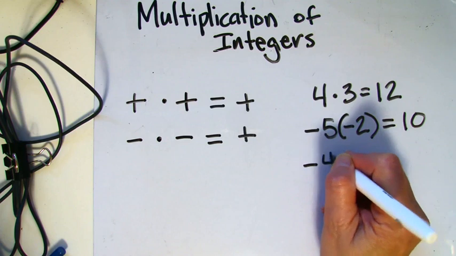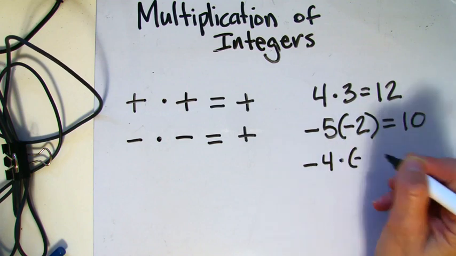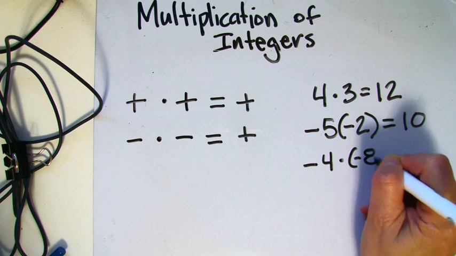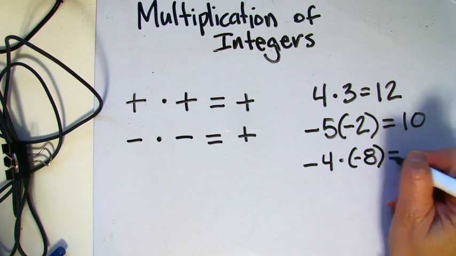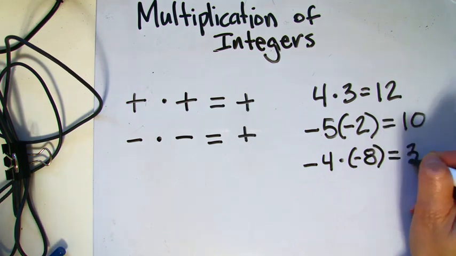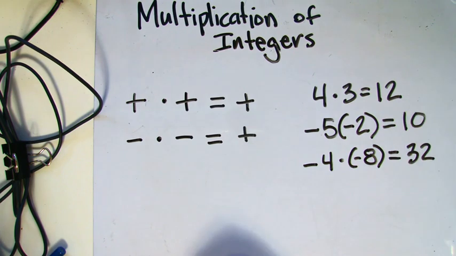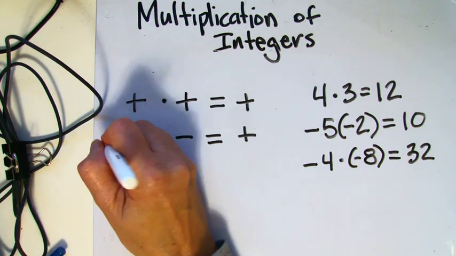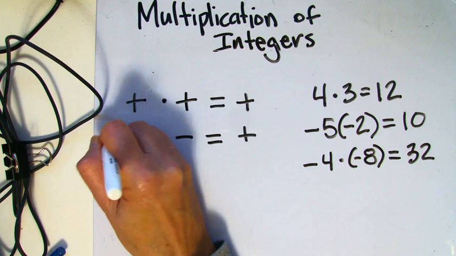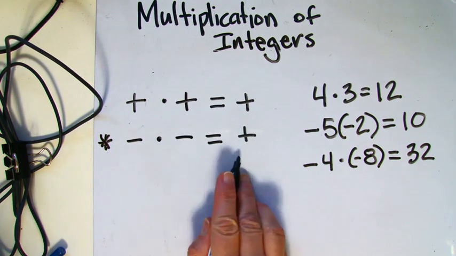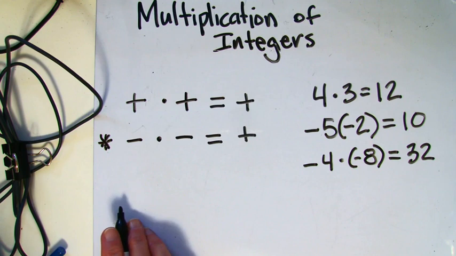Negative 4 times negative 8 is going to be a positive 32. I'm going to put a little asterisk here because I do want to talk about this after I talk about the next kind of problem you're going to see.